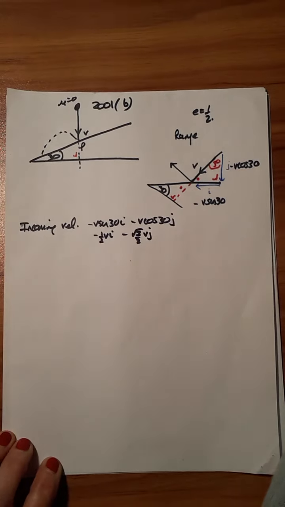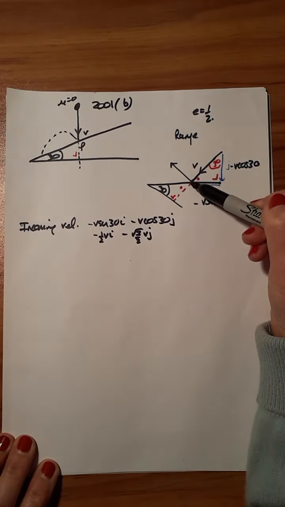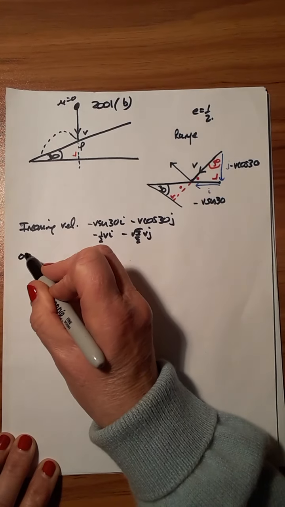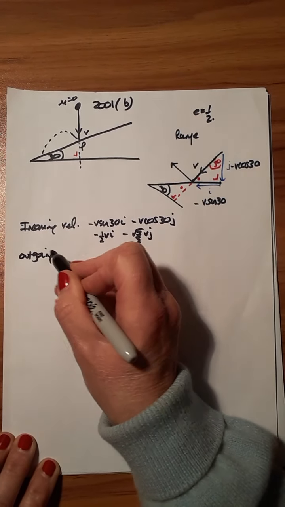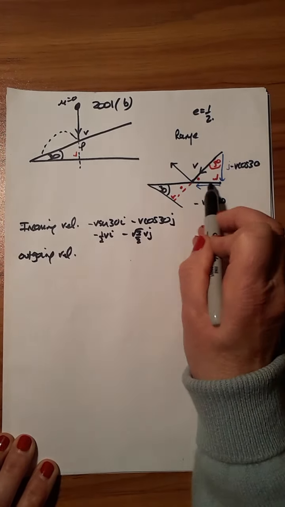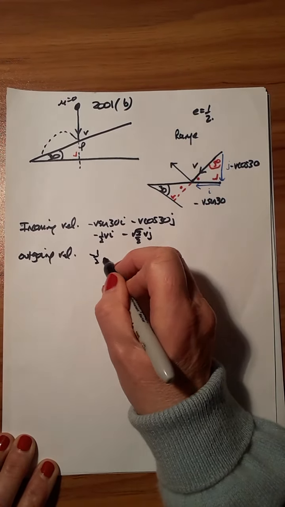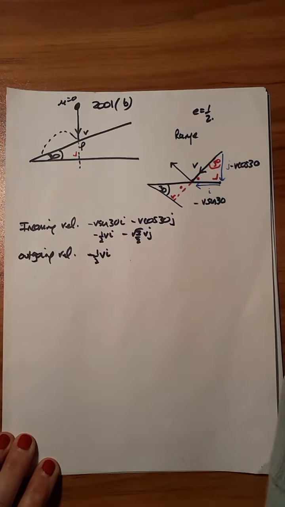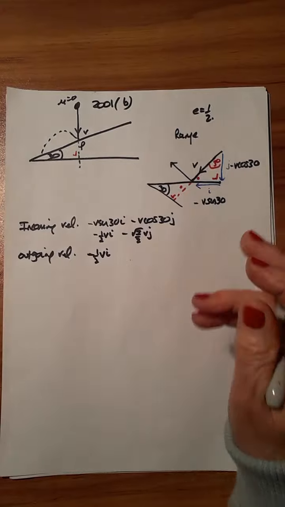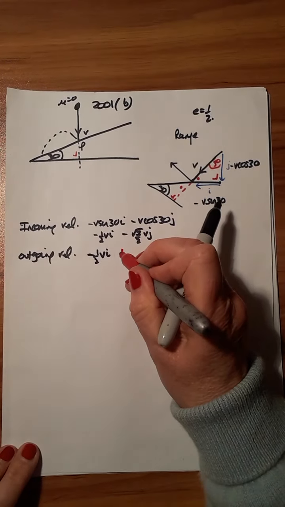Which means that when it hits the plane and bounces, this outgoing velocity, remember, it's an i-axis strike. So the i will stay the same, minus a half v i, and the j component, of course, that sign will change to a plus.